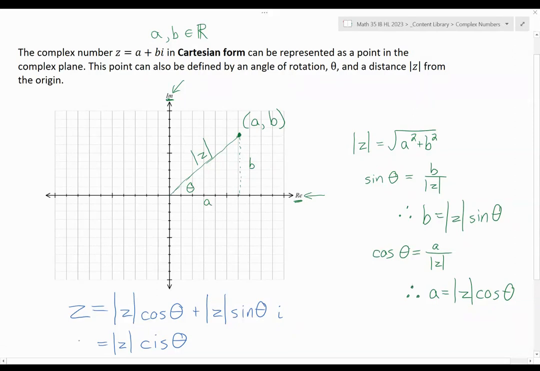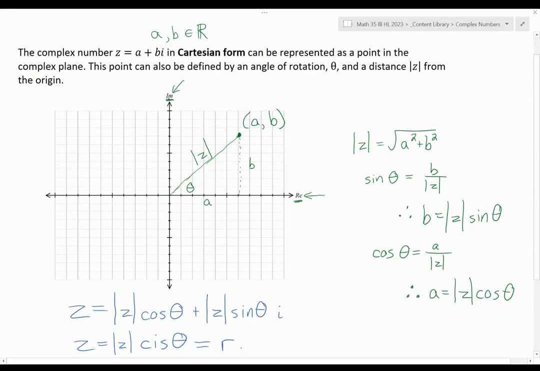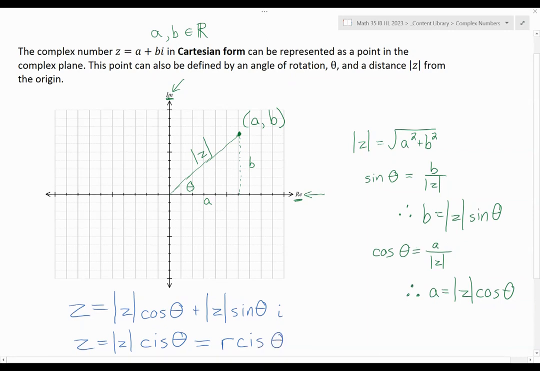This is a bit of a shorthand, and sometimes in lieu of using the modulus of z notation, we write r cis theta, where r is the modulus of z, but we use r because it is also the radius of the circle that would be traced if we went through all of the possible angles theta for that radius, for that modulus.